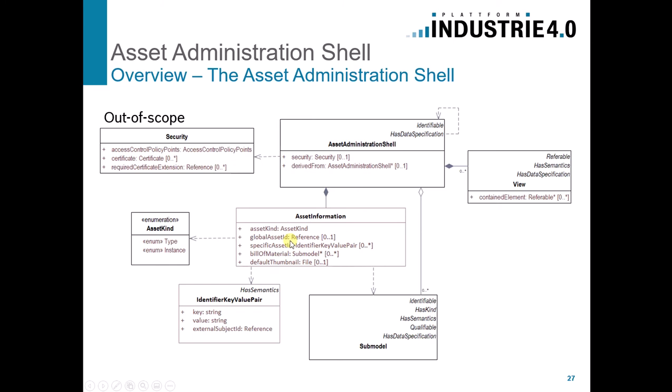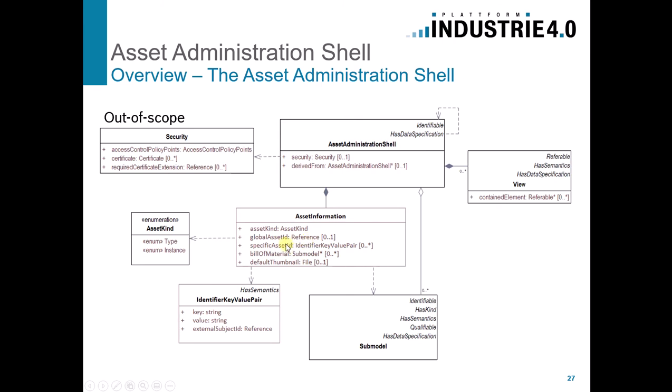An asset may have several asset administration shells during its life cycle, but the asset ID is always unique. It's optional only in the meta model because at the very beginning, when you start engineering a new product, you might not yet have the global asset ID available. And that's why it's optional, to also support this phase of the life cycle.